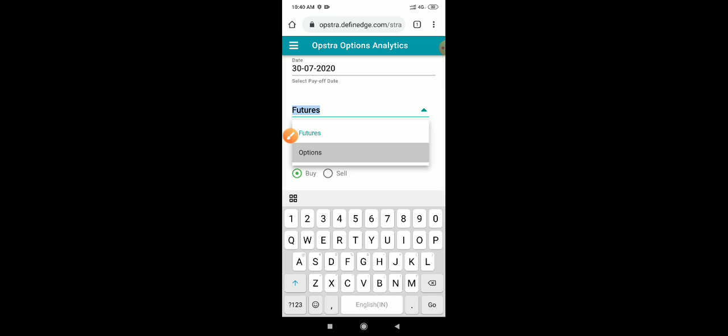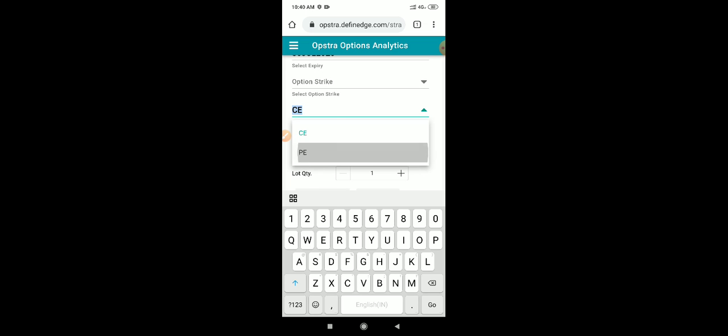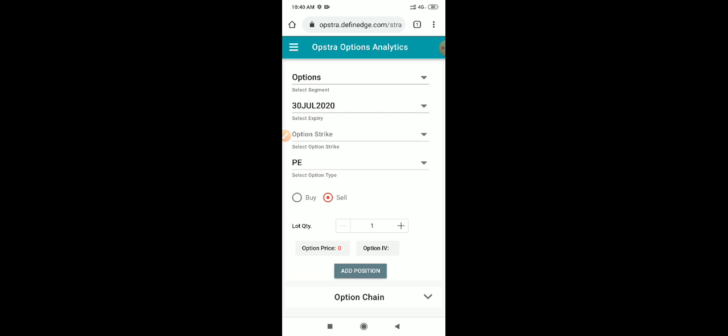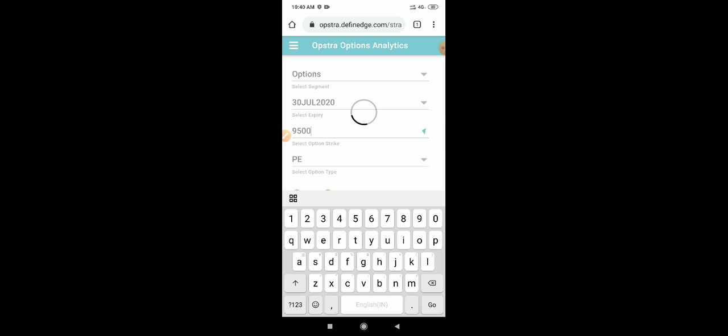We will select options. We will select put. First we have to sell. We will select deep to the 9,800 strike. So let's select the 9,500 strike.